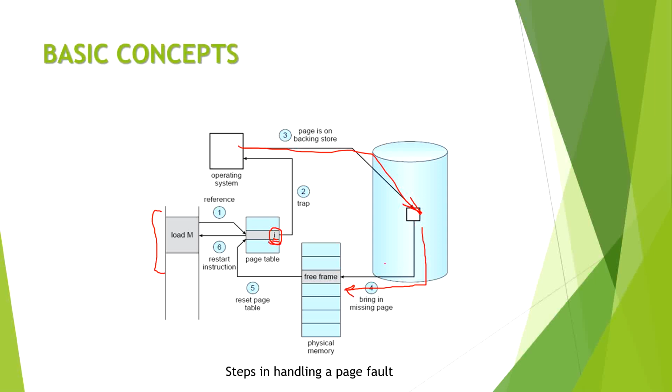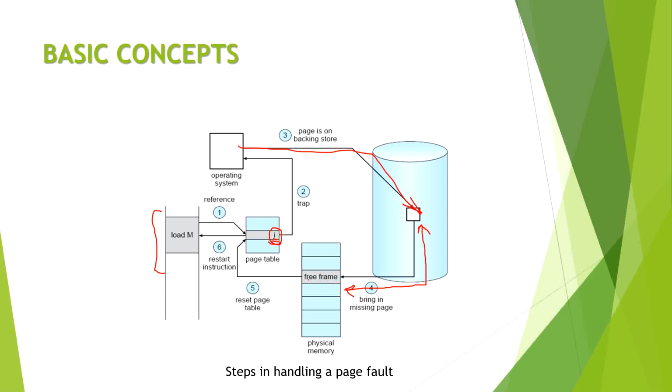So in this step 4, the backing store fulfills the request of the operating system by giving the response in the physical memory. Okay, so let's concentrate here. If there are many pages or the physical memory is already full, what will happen?